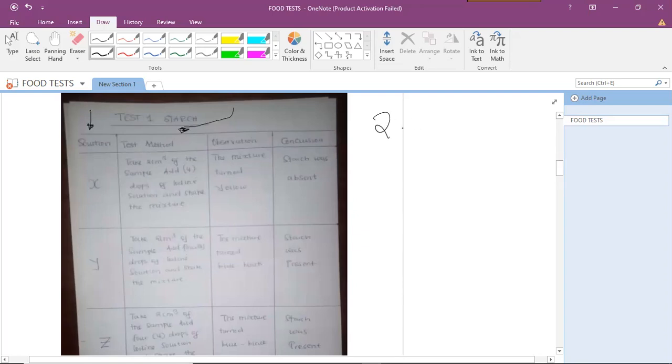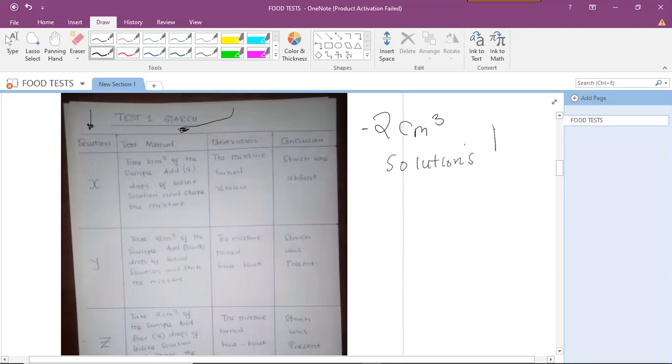So for all these methods that we're going to talk about, you have to add in 2 cubic centimeters of solution. We are going to have a dropper. So you just get about 2 cubic centimeters of the solution.